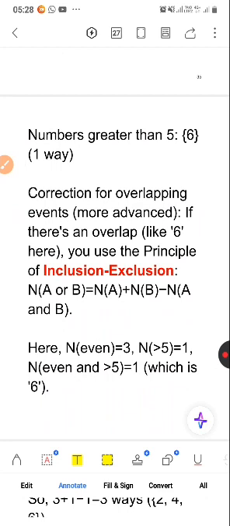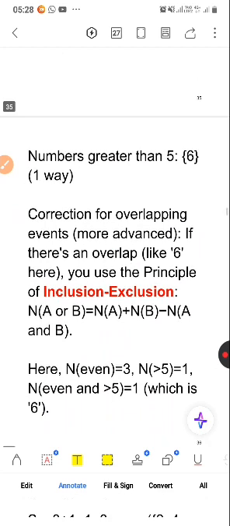We use the inclusion-exclusion principle. So it means that it is included and then it is excluded. What do I mean? It means that it can be found in any of the two events. That is what is meant by the inclusion and exclusion principle.